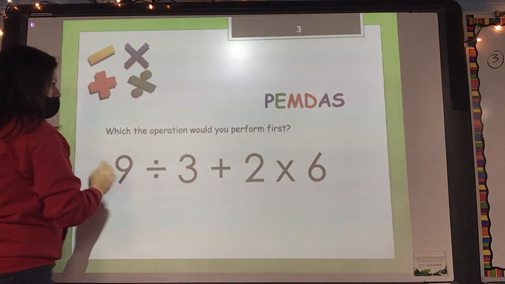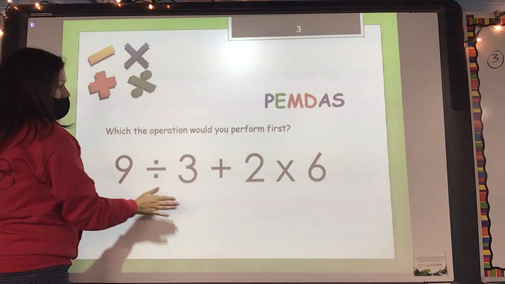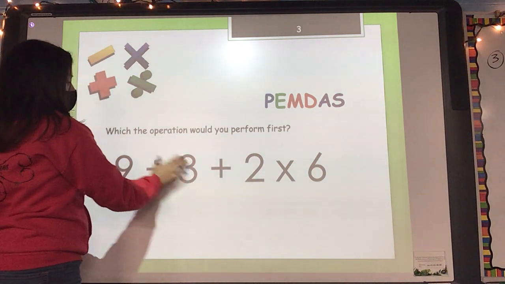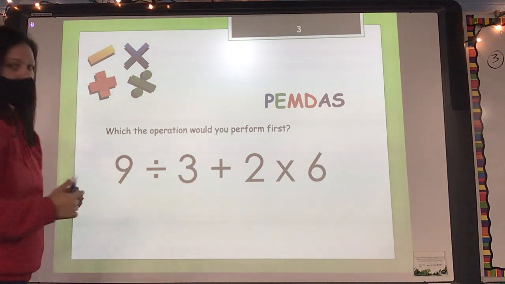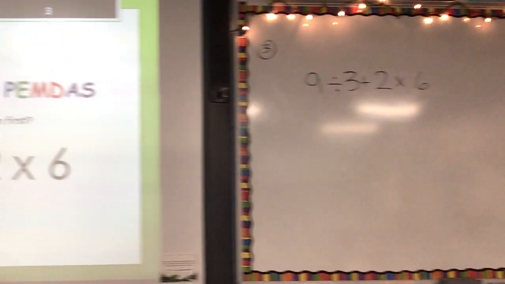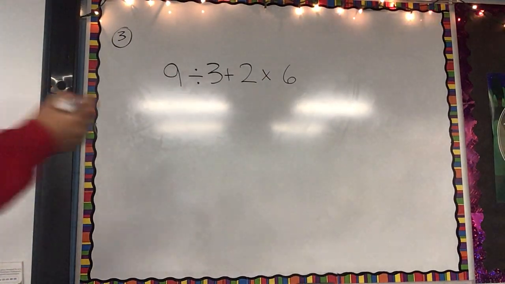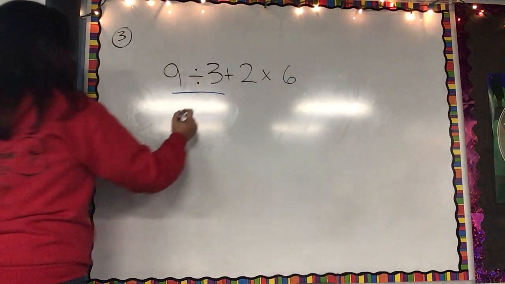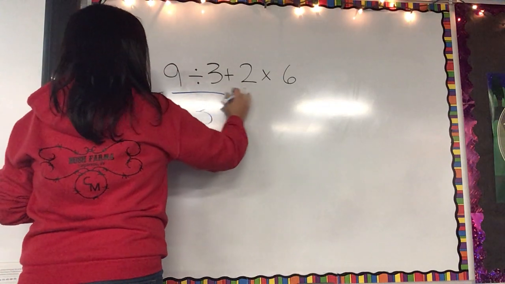So which one do I actually see first? Division. We're going to read it left to right like a book. I see 9 divided by 3 first. So I want you to underline it. What is 9 divided by 3? 3. And let's bring down the rest of my problem.